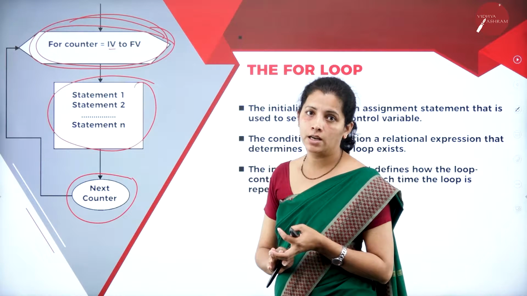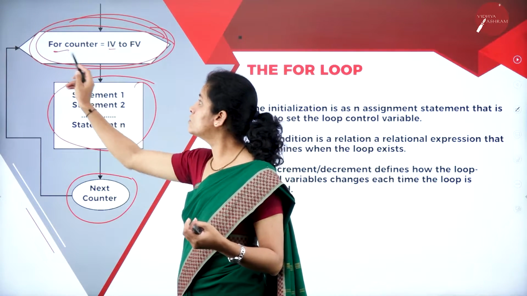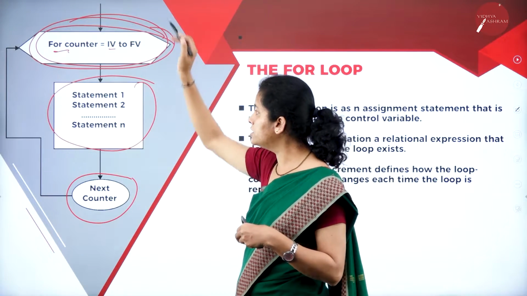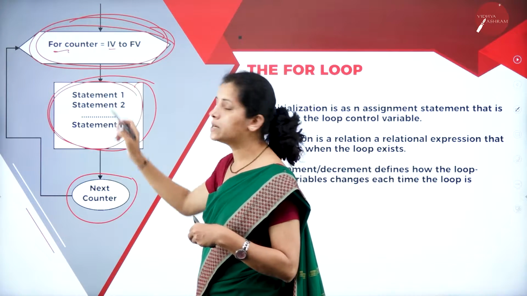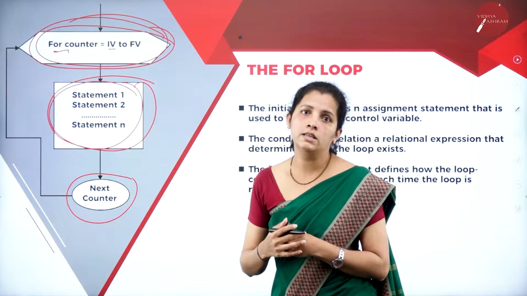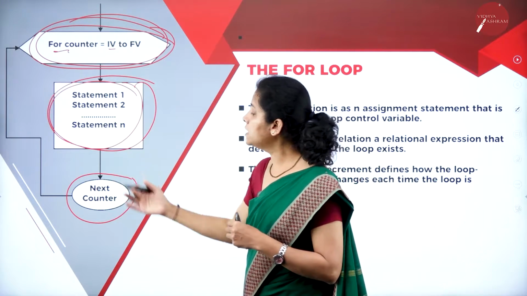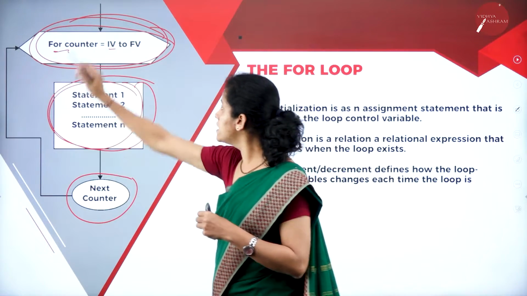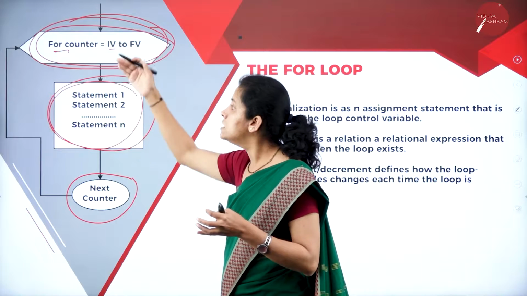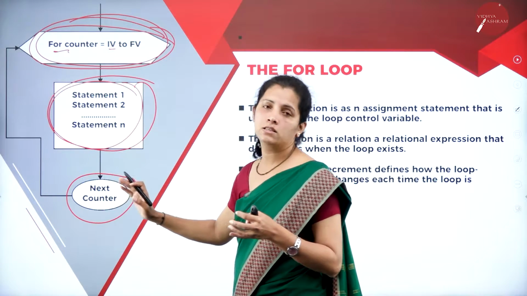And how it's going to execute: first it's going to check the initialization, then it's going to check the condition. If the condition is true, execute this statement, then I'm going to have the next counter, that is nothing but increment or decrement. After incrementing or decrementing, once again check the condition. If the condition is true, execute the set of statements, then once again encounter the next counter.